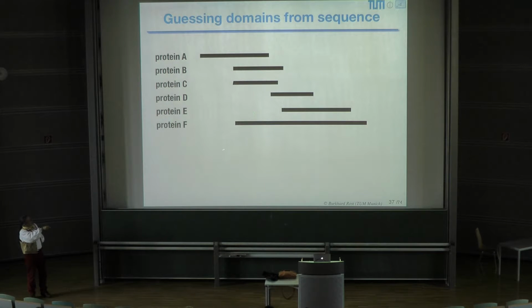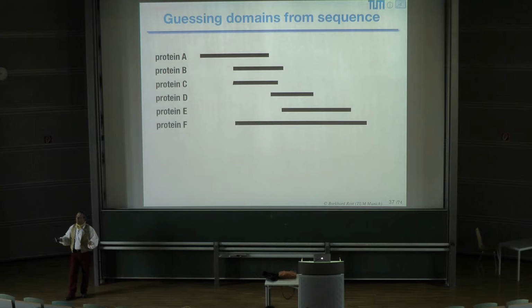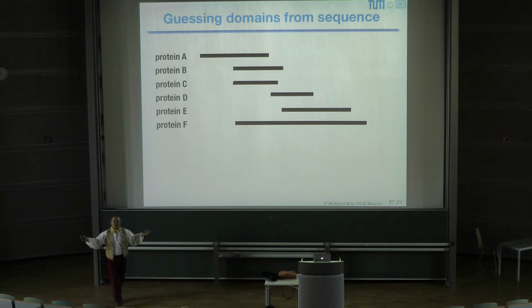This part here somewhere is repeated in B, C, and F. Here is another domain that in fact is in F and E. And here is yet another domain that is in E and F. So you would essentially see a bunch of different domains, and you would drag them out, not even looking at this 1D arrangement that we had before, not looking at compactness, but simply looking at what other place in other proteins do you see that region.